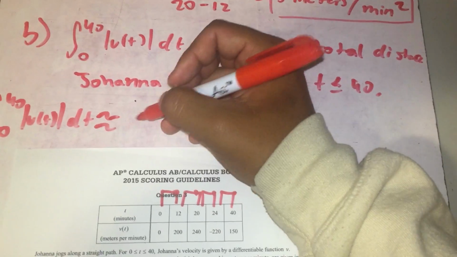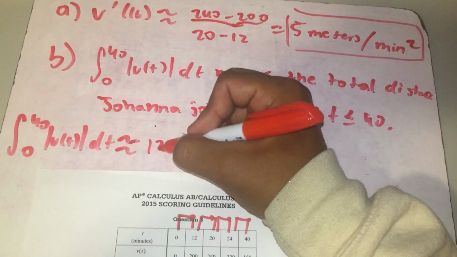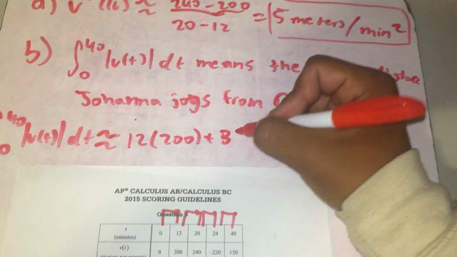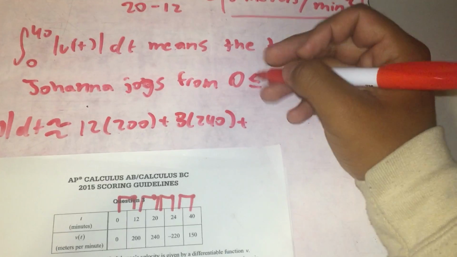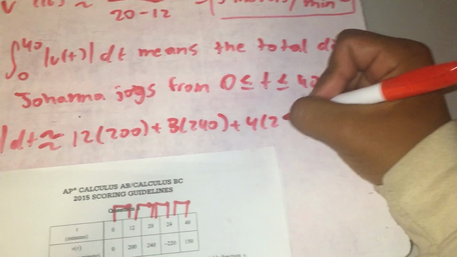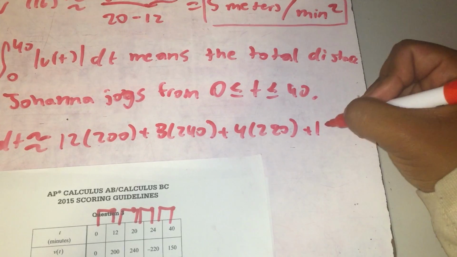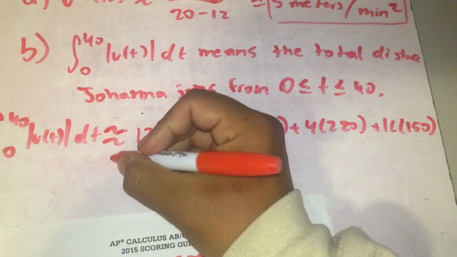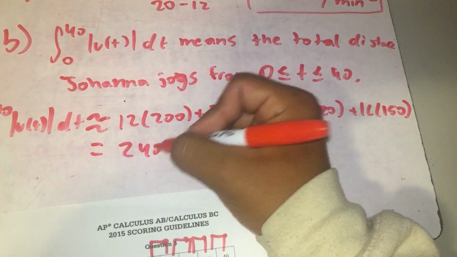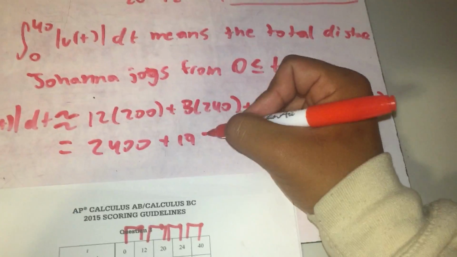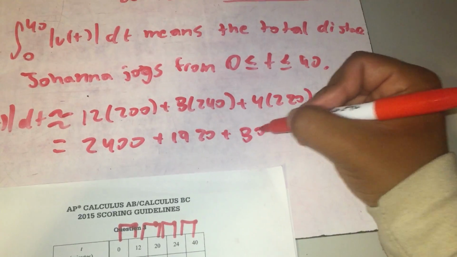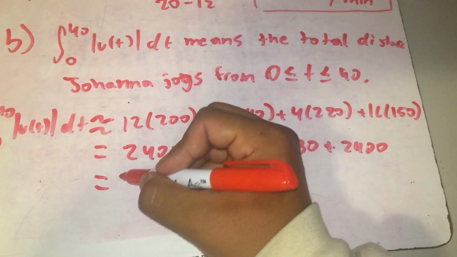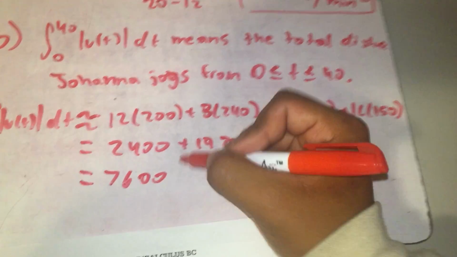It will be a right Riemann sum, so it'll be 12, and the total distance was 7,600 meters.